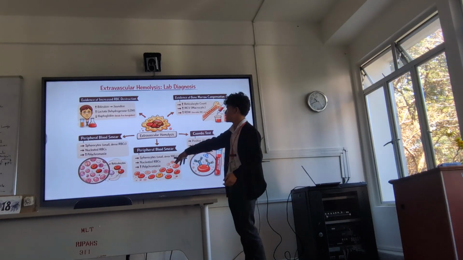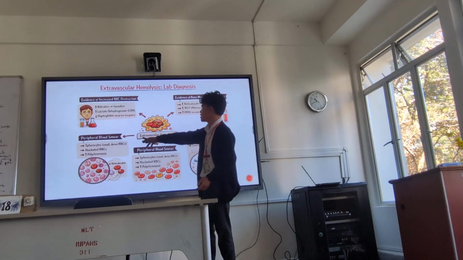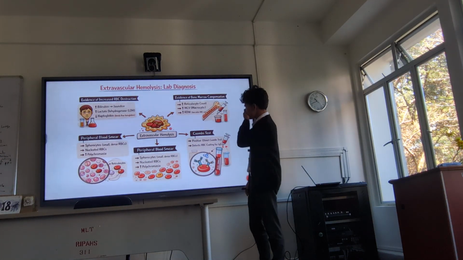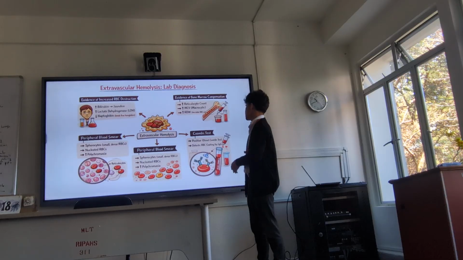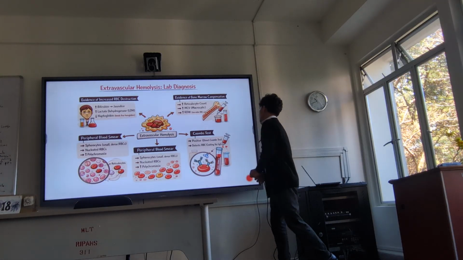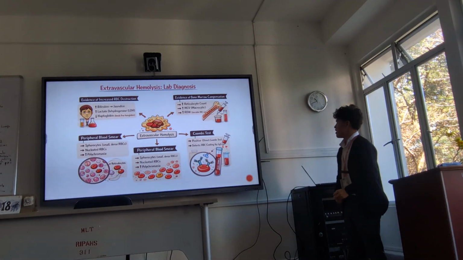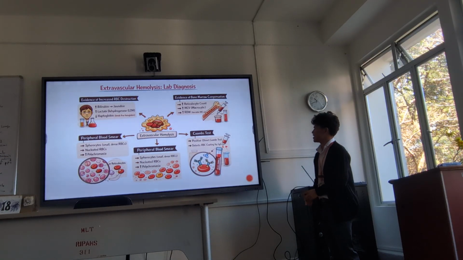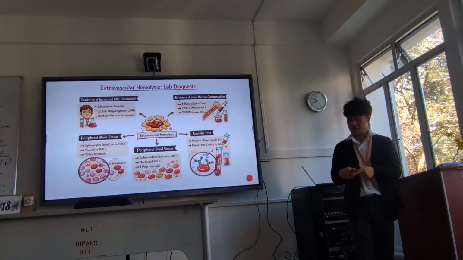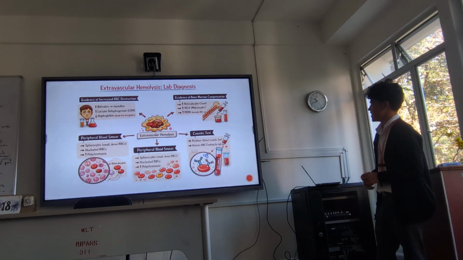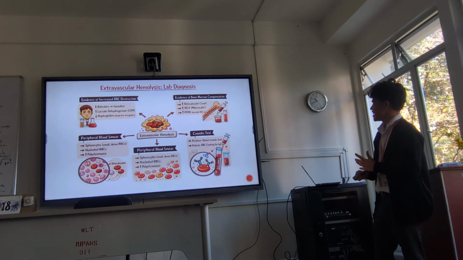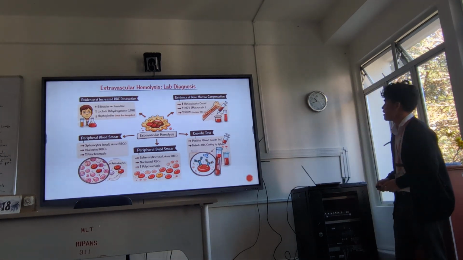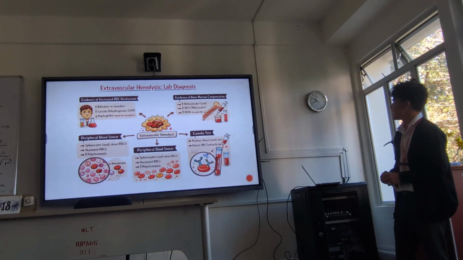Haptoglobin decreases, and the PBS shows spherocytes, mutated RBCs, polychromasia, and then the Coombs test. The Coombs test detects autoantibodies targeting sensitized RBCs.